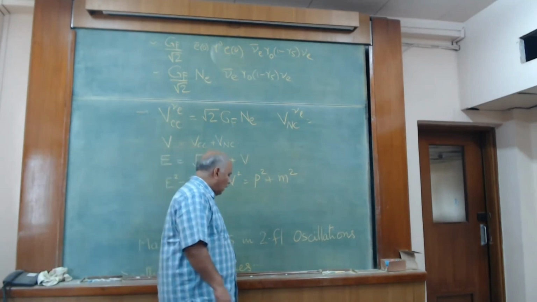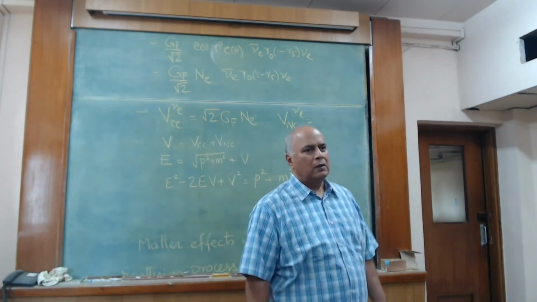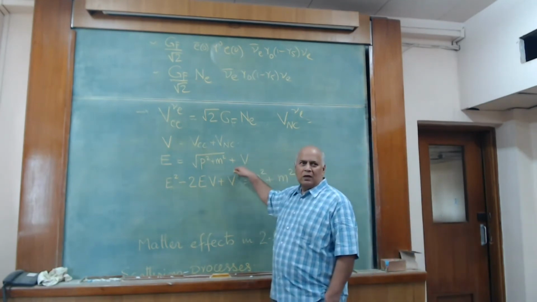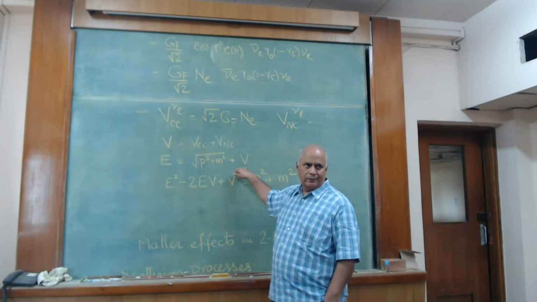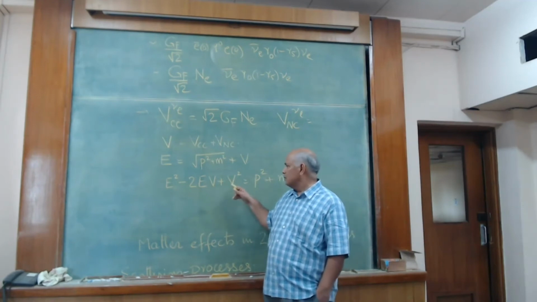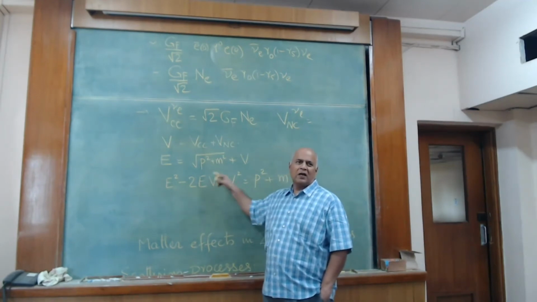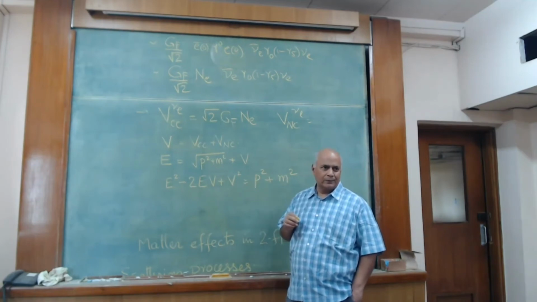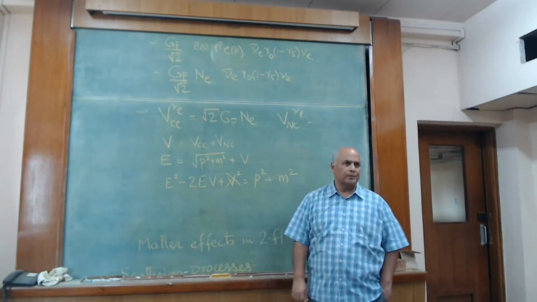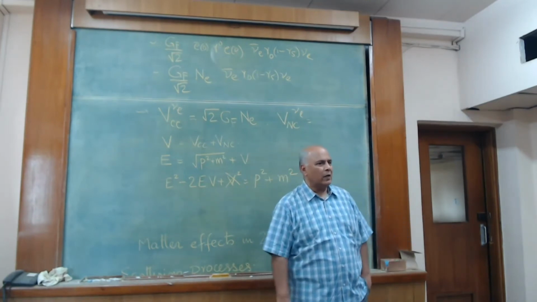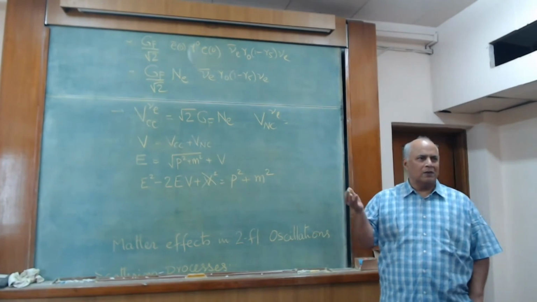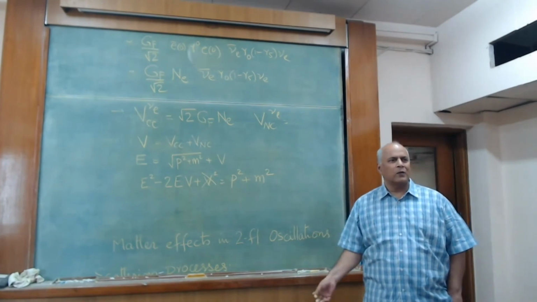And here I make an approximation. The approximation is that V is quite small, so that in this expansion 2EV is much larger than V squared. So I drop the V squared term. This is justifiable because V after all is proportional to G_F, and G_F is the weak coupling constant and it's quite small.